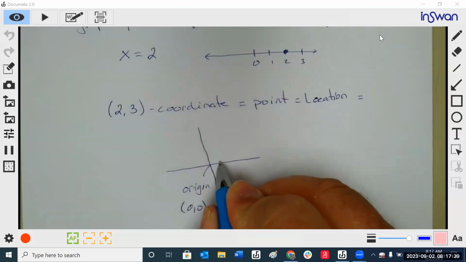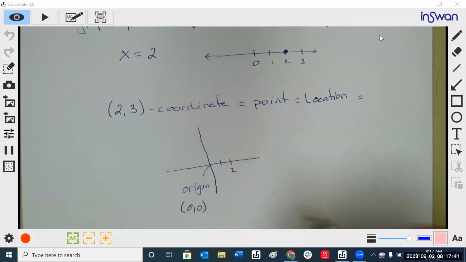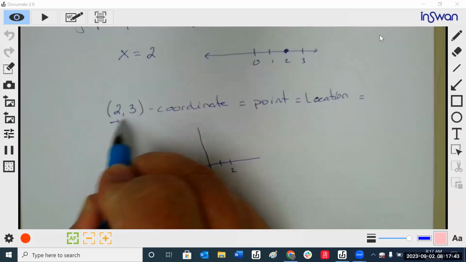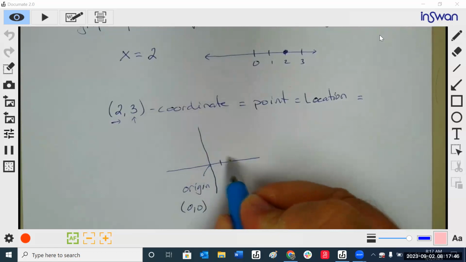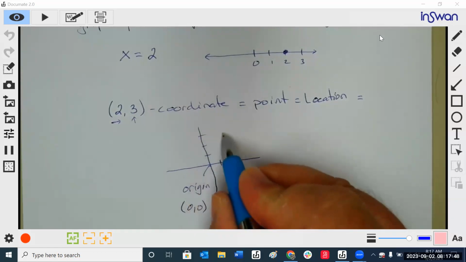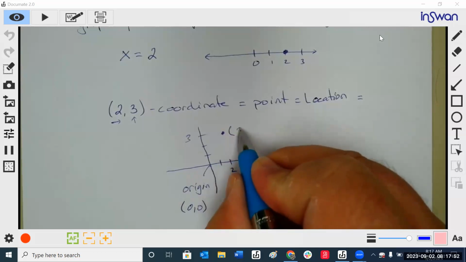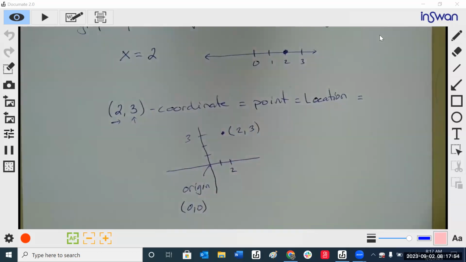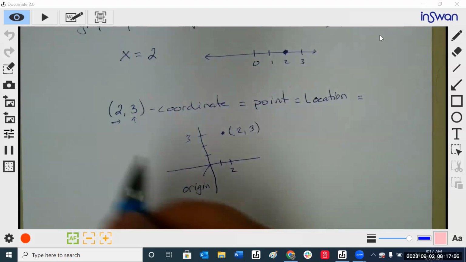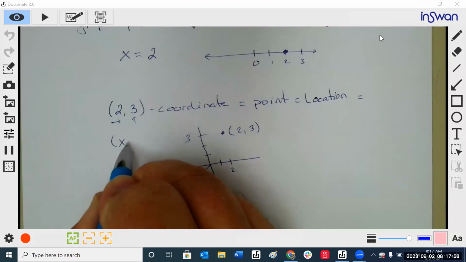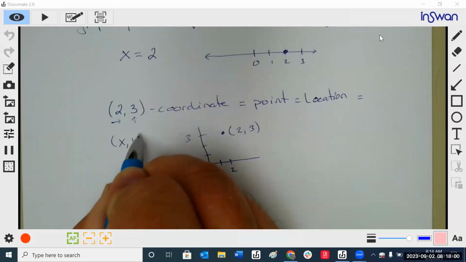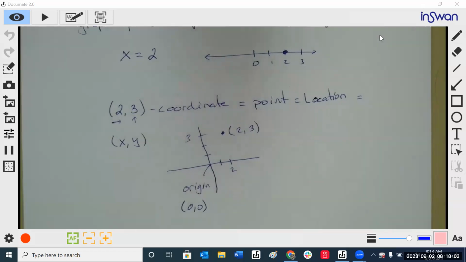Since it's positive, we go to the right 2 spaces. So that's to the right. And this one is positive, so it goes up. 1, 2, 3. So there is that location of 2, 3. It's always the x direction first and then the y direction second, always.